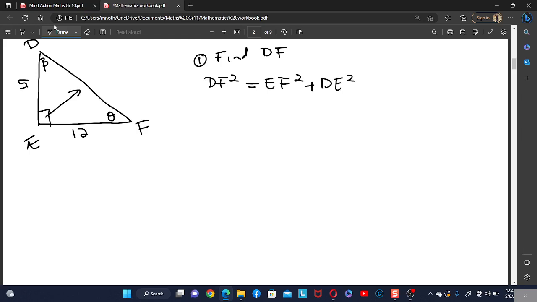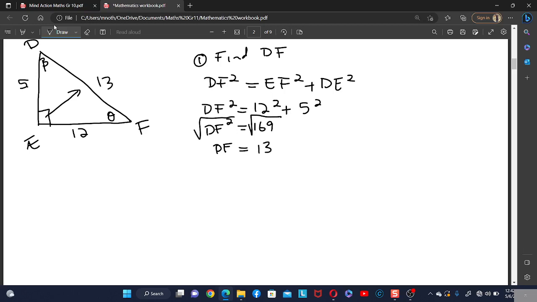We are looking for DF. So EF is 12 squared, and DE is 5 squared. 12 squared plus 5 squared is 169. Because we are looking for DF, not DF squared, we need to cancel the square using the square root. Therefore DF is equal to 13.